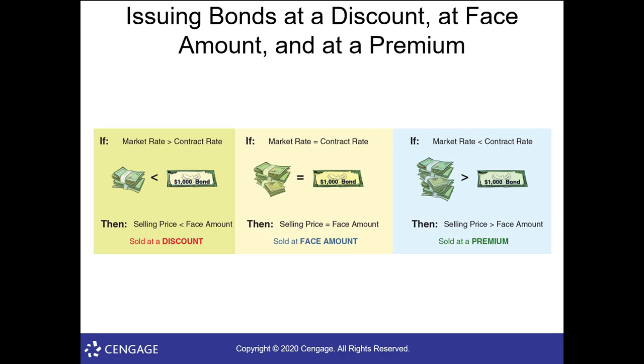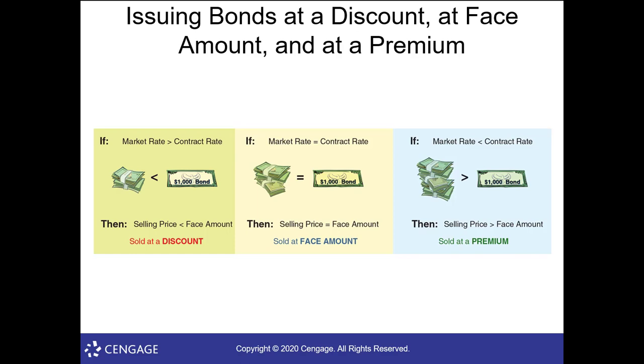If the market rate is higher than the contract rate, in other words the market demands more than this particular bond is paying, then it will sell for less than its face value. It will sell at a discount in order to provide the investor with additional yield to make them interested in purchasing that bond.